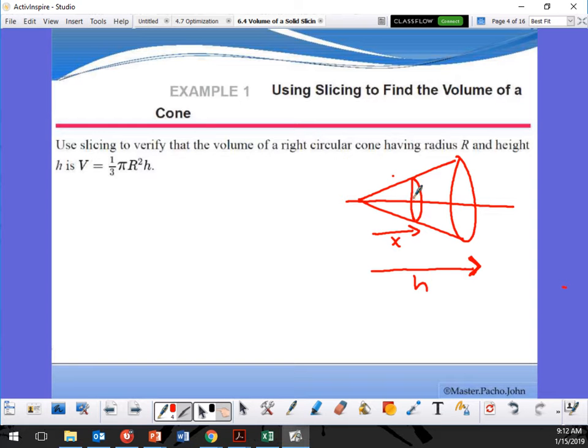Okay, this right here, from here straight up and down, would be my r. This is going to be my r value here, or in the case of this function would be f of x, right? That would be my f of x. And in this case right here, from here to here, we're going to call that one a capital R, because it's actually asking me to use those terms.